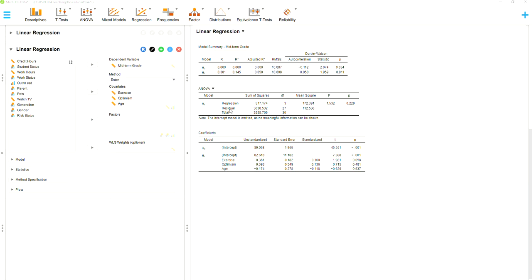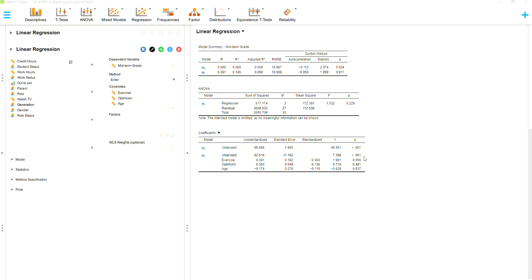Okay, now we can get to the coefficient table. So you can see that our intercept is 82.618. Then we've got exercise, optimism, and age. Now, if you look over at the p-values, you can see that exercise, 0.058, was 0.008 away from being significant. So in this case, exercise was probably the best predictor.